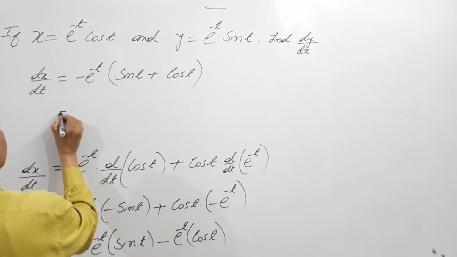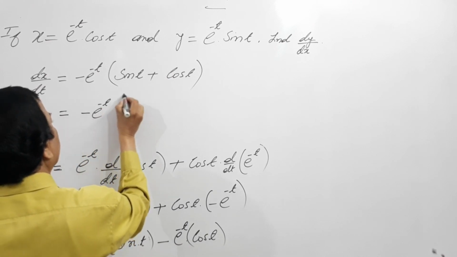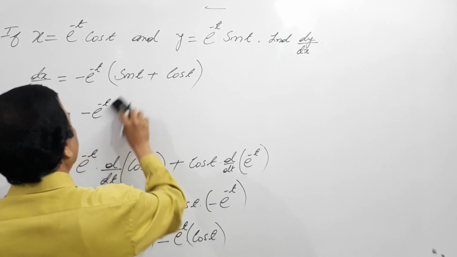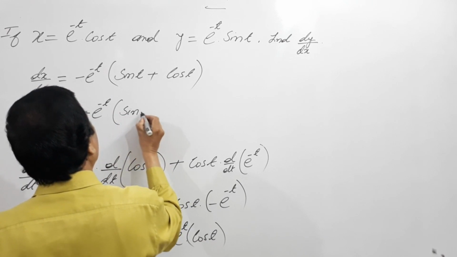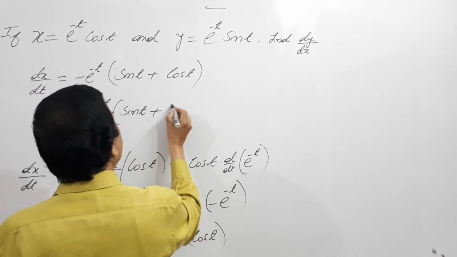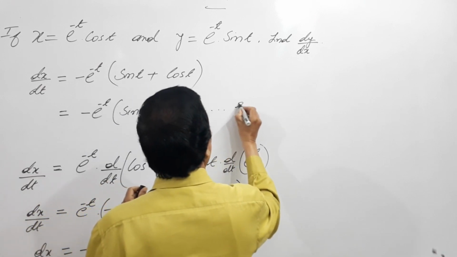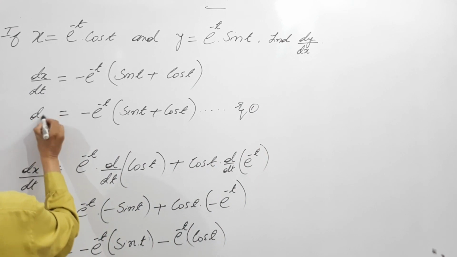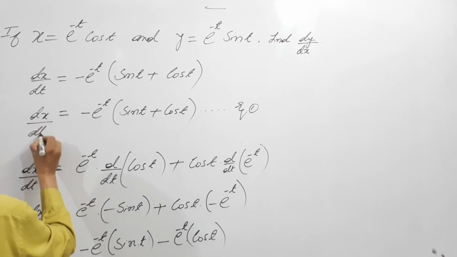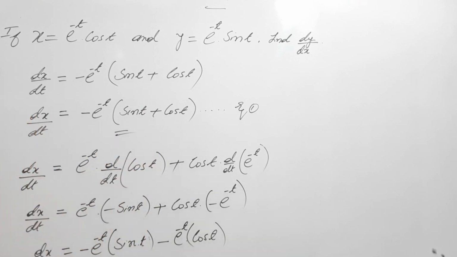That is equal to minus e to the power of minus t into sin t plus cos t. I call this equation 1. What is this? This is dx by dt.